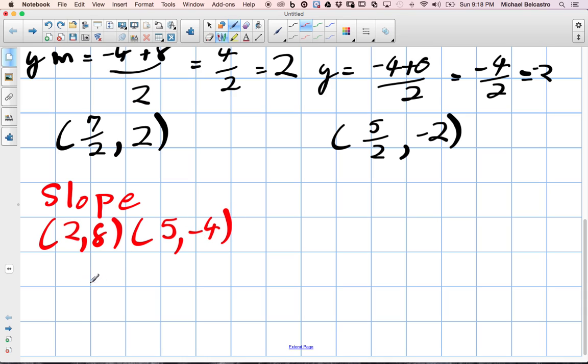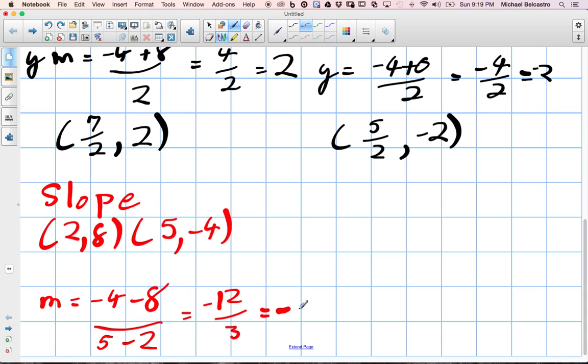In order to find the slope, we're going to subtract our y values. A lot of times slope is denoted by the letter m. So m is equal to (-4 - 8) over (5 - 2). The slope ends up being negative 12 over 3, which is equal to negative 4.